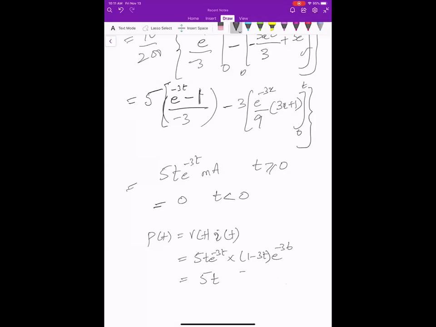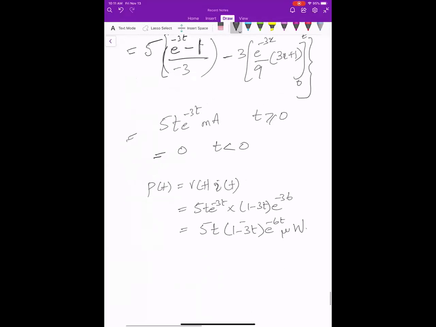So that would become 5t (1 minus 3t) e^(-60) microwatts. So that's your power.